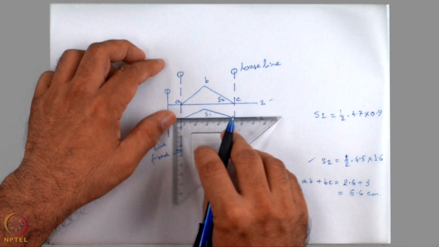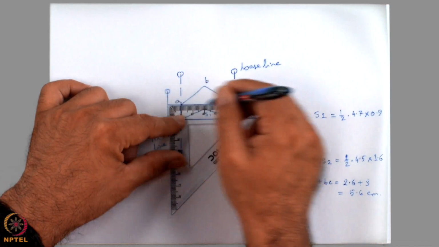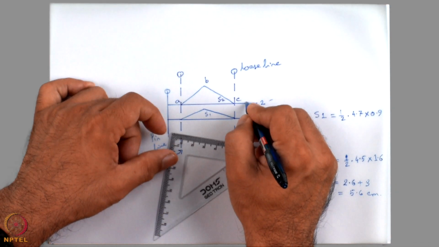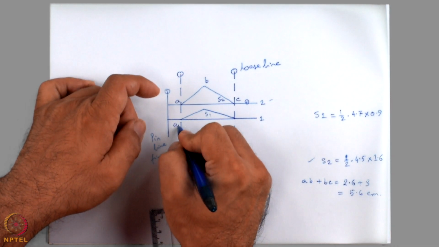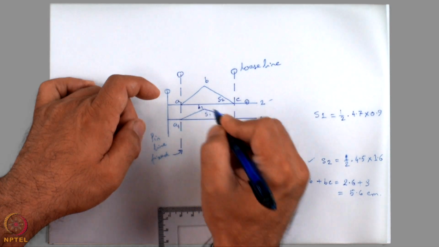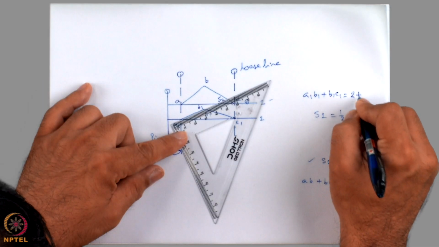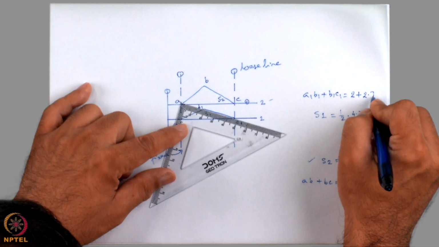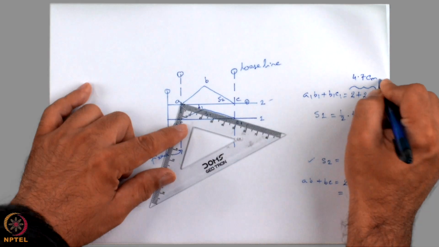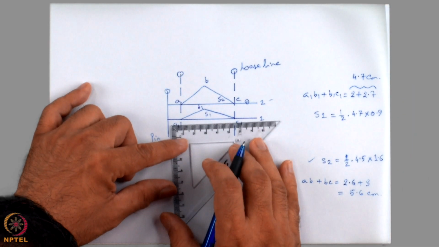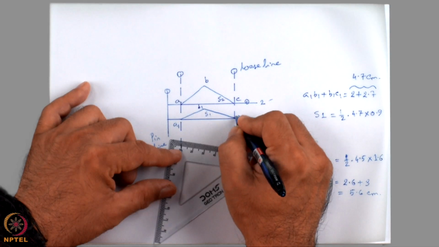I have to draw a line from A to 5.6 centimeter length along this line, and I reach this particular point. Let us do for S1 the length A1B1 and the length B1C1 we are going to add up. 2 centimeter plus 2.7 centimeter, which is equal to 4.7 centimeter. I have to draw a line 4.7 centimeter straight away from here, and I reach this point.